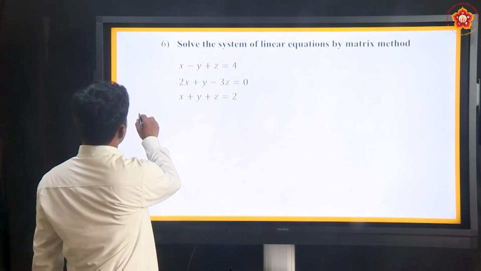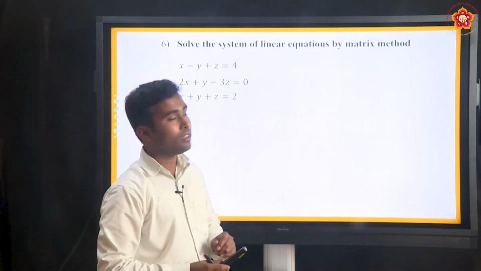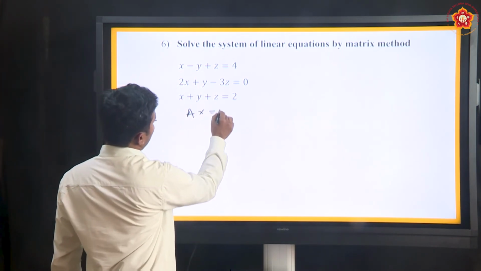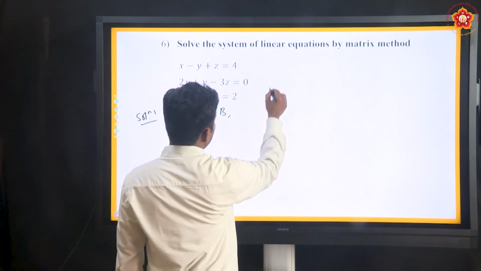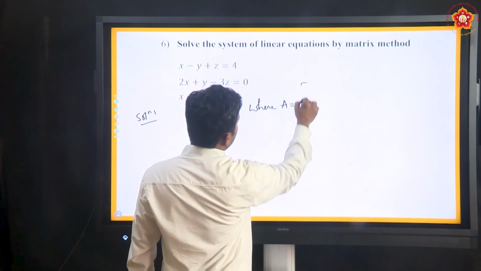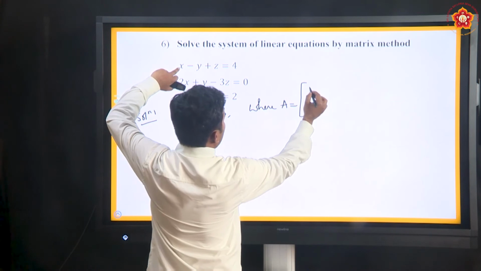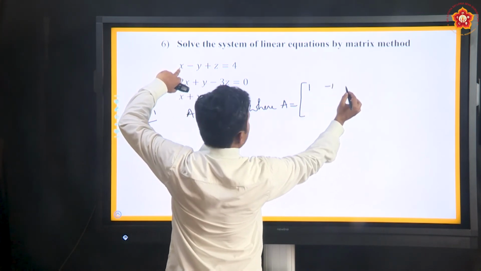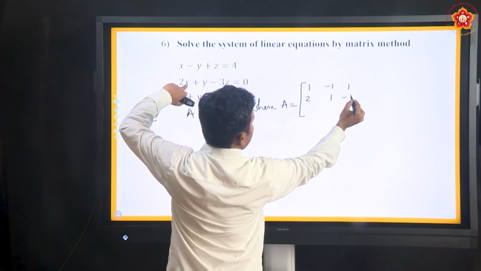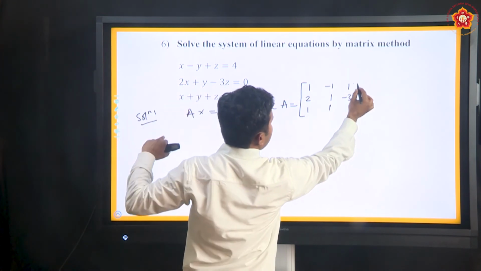See, now the system of equations they have given, we have to solve this by using the matrix method. So, first we have to write this in the form of AX is equal to B. Okay, what is A? Where A is the matrix, write down the coefficients: 1, minus 1, 1, 2, 1, minus 3, 1, 1, 1.